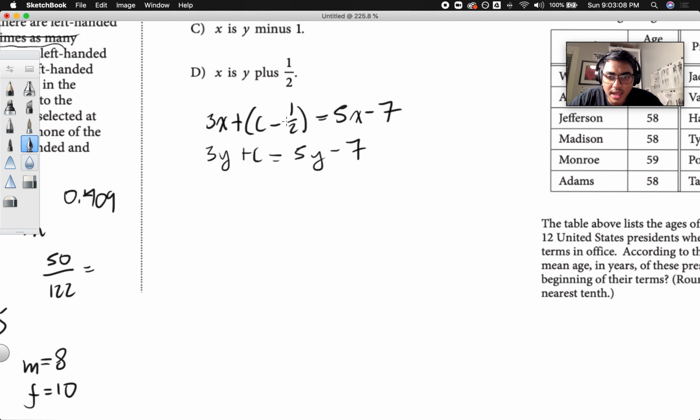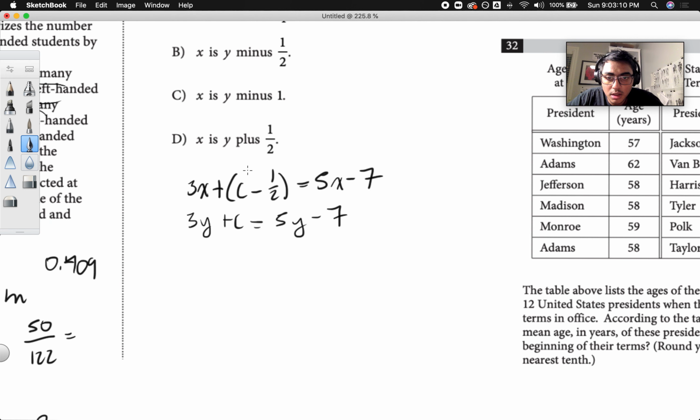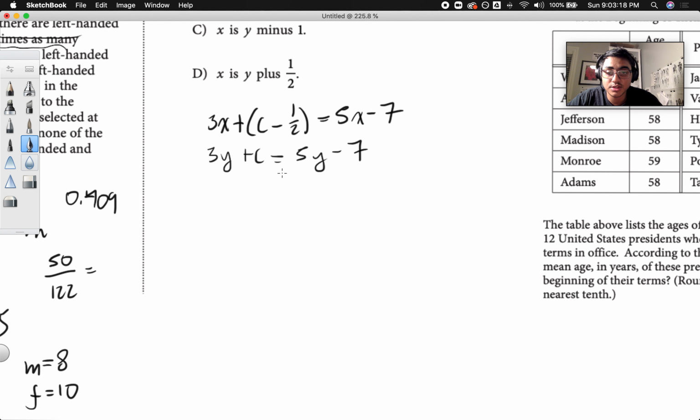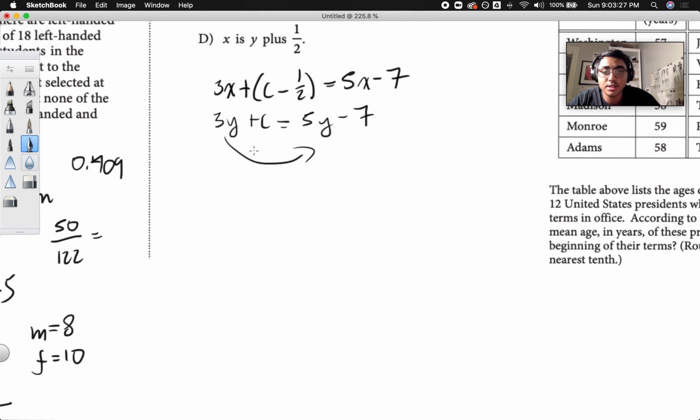Since we have C in both of them, why don't we solve for C in one of the equations and then plug that value of C in terms of X and Y into the other one. So let's do that. Since C is already a whole number here, all we have to do is subtract 3y from the left side of the equation and find a value for C in terms of just Y. So C is equal to 5y minus 3y, 2y minus 7.